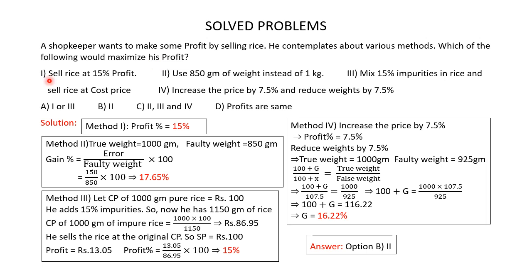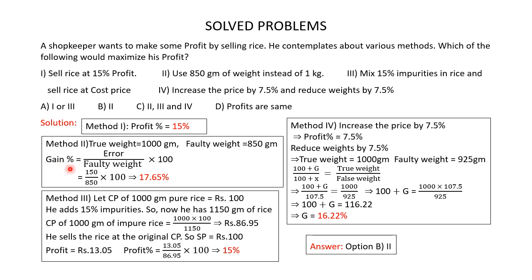Now it's given that in method 1 the shopkeeper sells rice at 15% profit. This means in method 1 the profit percent is 15%. In method 2 the shopkeeper uses 850 grams of weight instead of 1 kg. This means in method 2 the true weight is 1 kg, which is nothing but 1000 grams, and faulty weight is 850 grams. So the error here is 1000 minus 850, which is 150 grams.